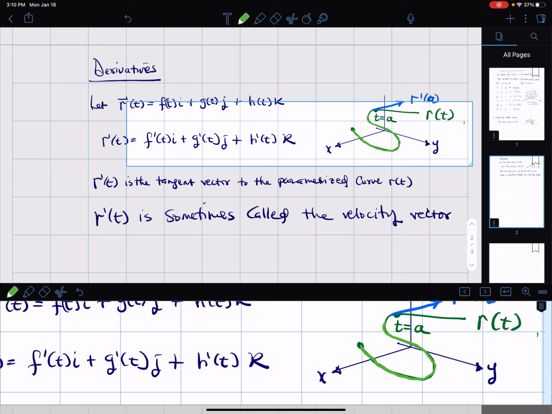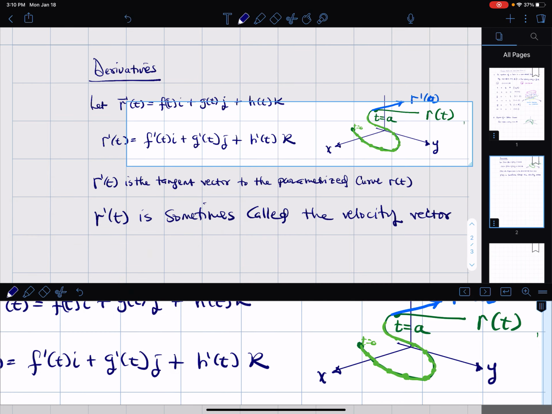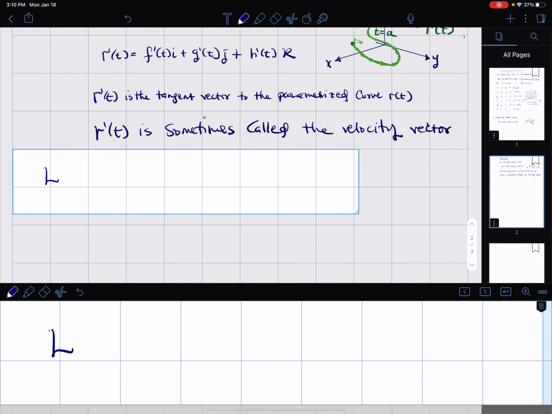This would be the trajectory. So this is the position of the bird in space at any point in time, at t equals 0, t equals 1, t equals a, and so forth. When you find the derivative of this position vector, that derivative should give you the velocity. Let's try a few examples.